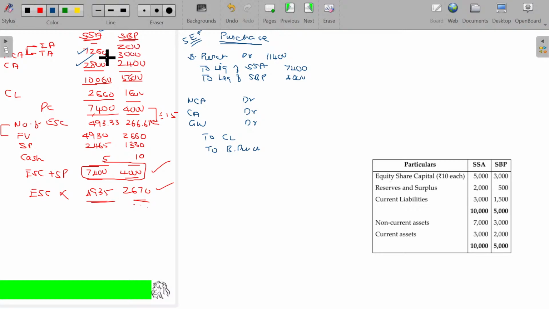Non-current assets being 10,260 and current assets being 5,200, goodwill 200, current liabilities 4,260. Is that clear? Now business purchase being 11,400. Tell me whether it's tallying or not.